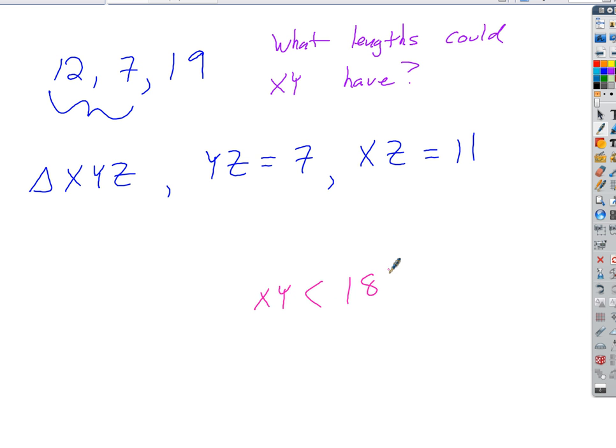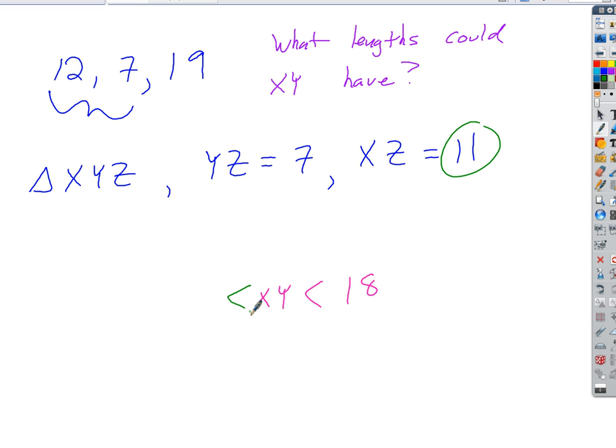There's part of it. Okay, now let's assume, and listen real carefully with this one, if XY is not the longest side in the triangle, then which side would be the longest side? XZ. So the longest side in that case would be 11, wouldn't it? So now we have to think about the smallest it could be. What's the lower limit going to be?